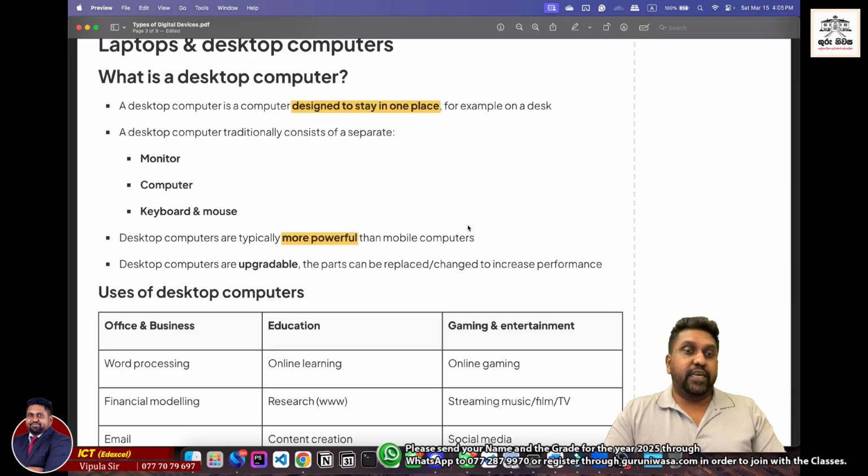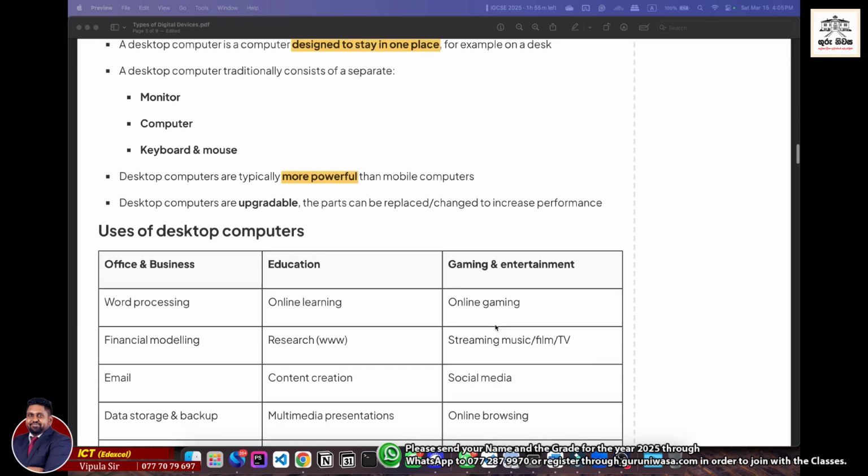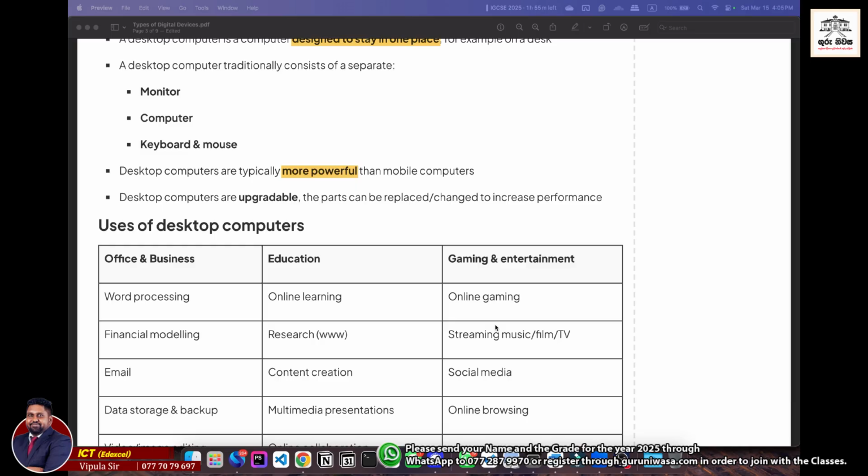known for the upgradability. Okay, so desktop computers are obviously upgradable, right? Because you can swap and change parts. They allow you to replace a certain set of parts so that you can make sure the performance or the power of the PC can be increased.